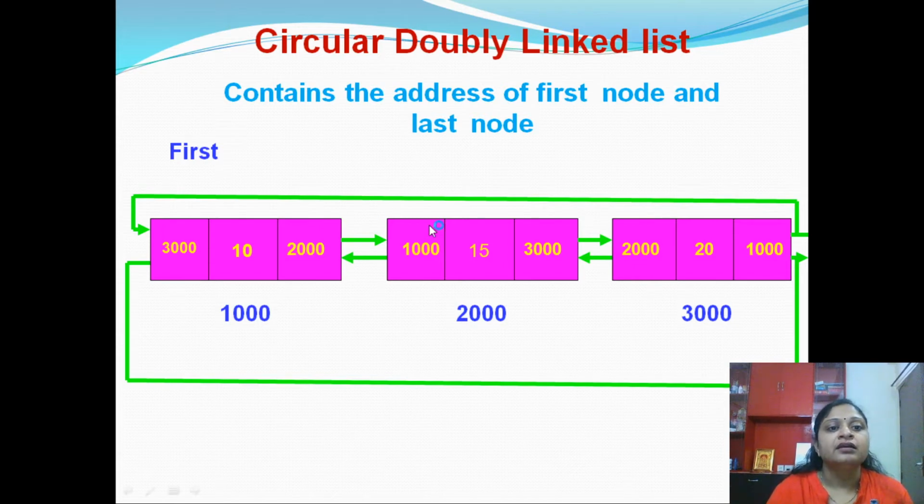In the earlier diagram, the first node's previous part contained a null value, but here the first node's previous part holds the address of the last node, and the last node's next part holds the address of the first node. So this is how it moves in a circular fashion. That is why it is called a circular doubly linked list.